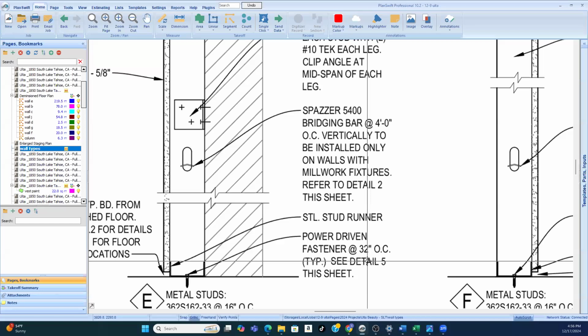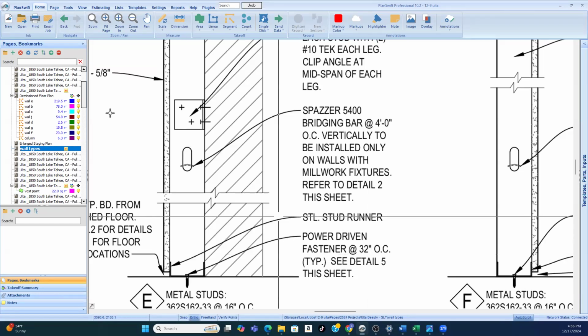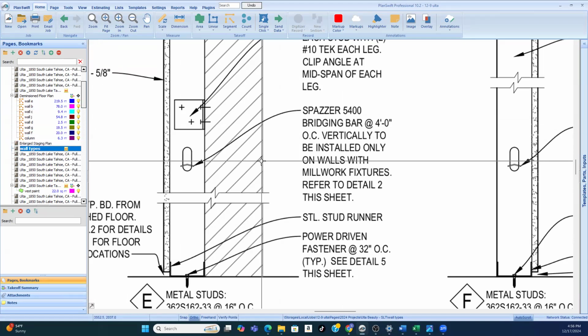So if I have 1,000 linear feet of wall E, which I did that, I have 220, I round up. So I have 220 linear feet of wall E. And I have to place that power driven fastener on the bottom track every 32 inches.